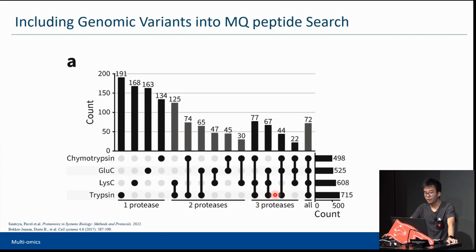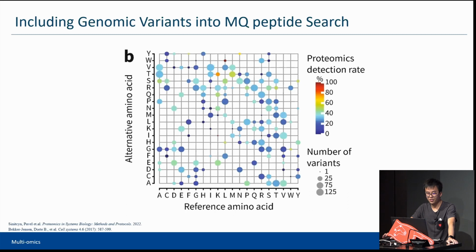With this figure, we can see that with trypsin, we are able to identify more unique peptides, but you can also notice that for better coverage of the proteome, it's better to use more than one protease. So here we show that with our workflow, we can identify genetic variants. And how about comparing with other omics levels? They also did RNA-seq.